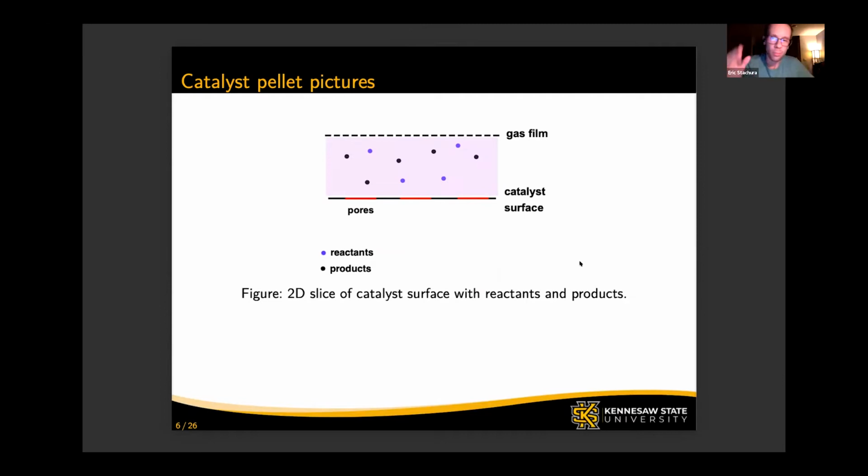We have reactants and products, and then I'll take some time to talk about the basic chemistry and refer them to their chemistry textbook if they've taken a chemistry class. So a two-dimensional slice will have this gas film, and then inside you have reactants and products. And then you have your catalytic surface, which is going to have pores in there. So you can imagine that some of the particles are going to be going through the pores.